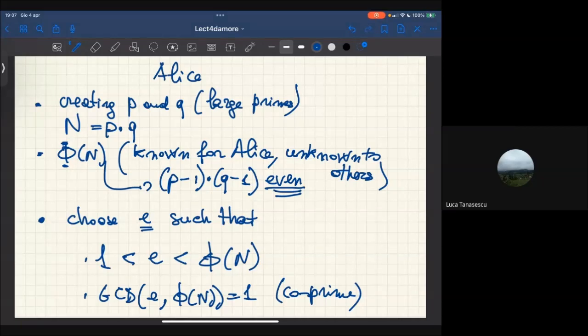Now, how to continue? So Alice is, 1, generating P and Q. 2, choosing a number E so that E is not exceeding phi of n, and it is also coprime with phi of n. Coprime means that the greatest common divisor between E and phi is 1.